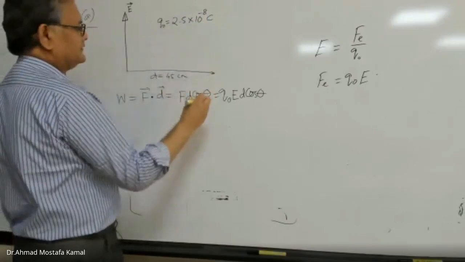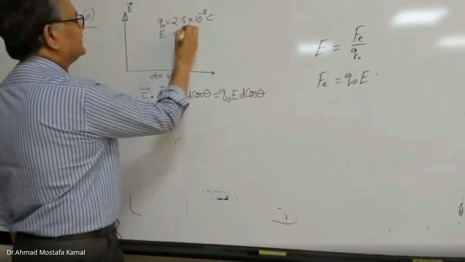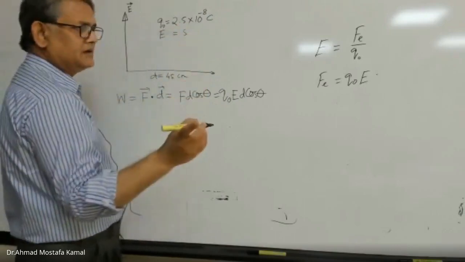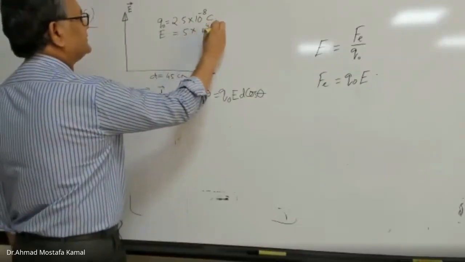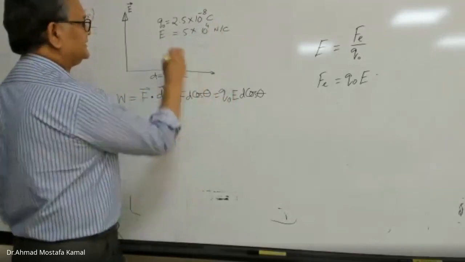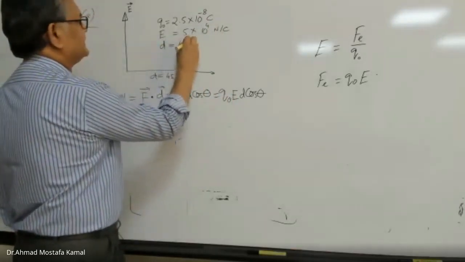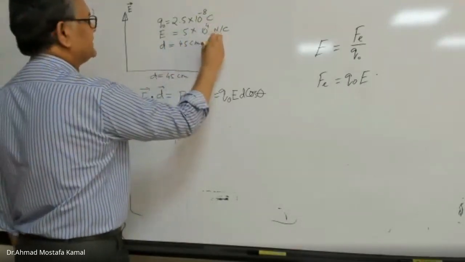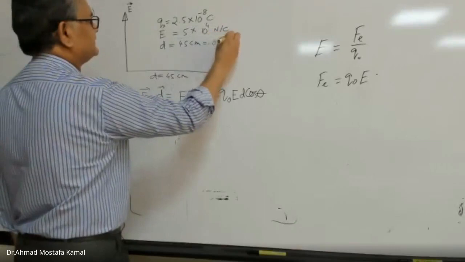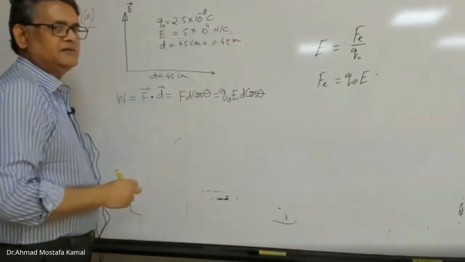E is 5 times 10 to the power 4 newton per coulomb. And in this case, A, 45 centimeter should be converted into meter because everything is given in the SI system: 0.45 meter. Centimeter has to be divided by 100.